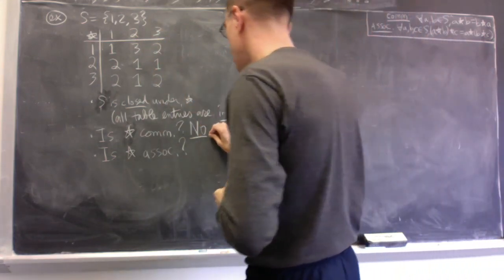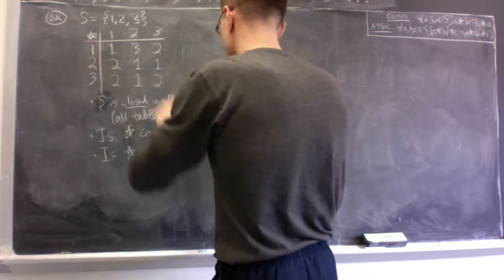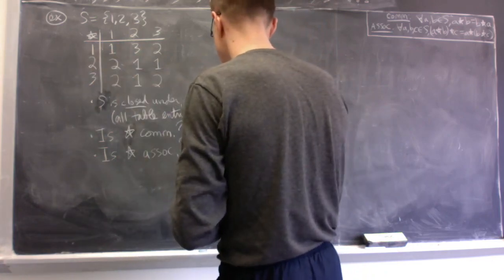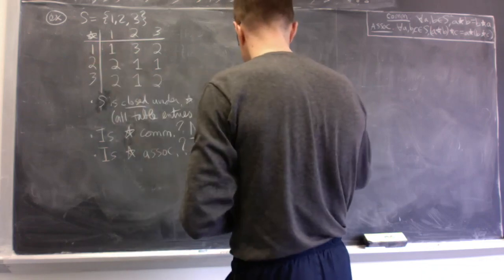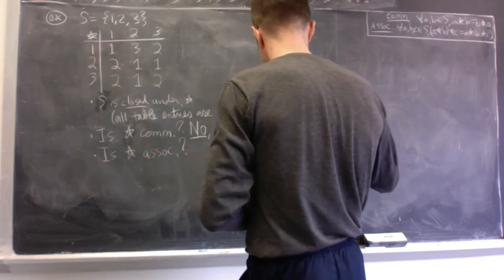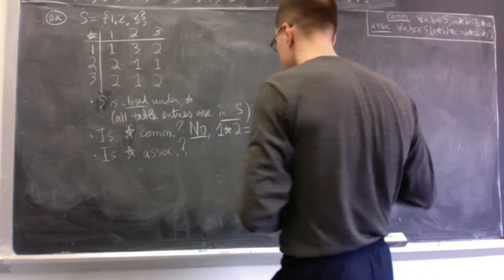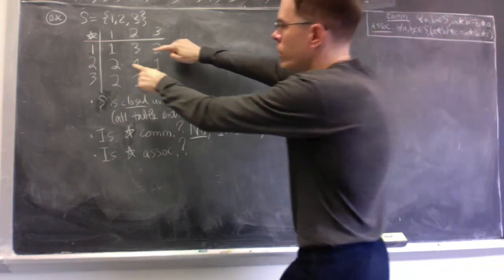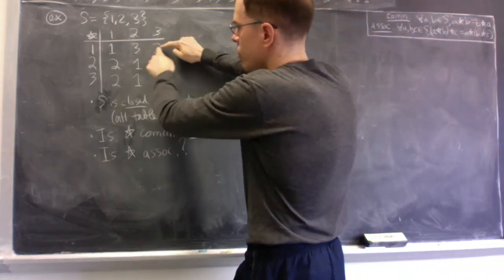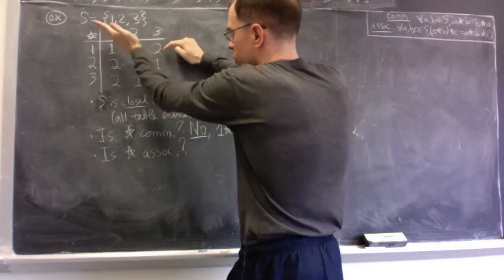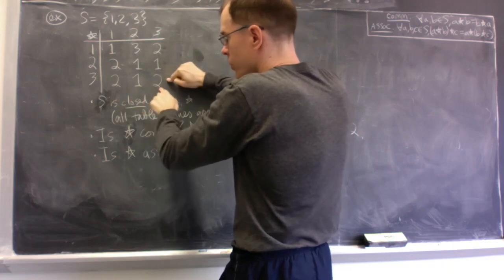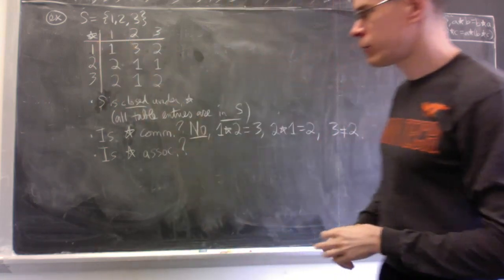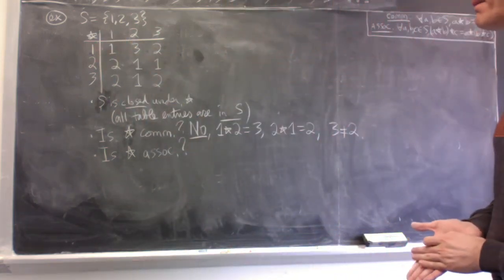First of all, the reason it's no is there's an example. 1 star 2 is 3 from here, but 2 star 1 is 2, and 3 is not equal to 2. And essentially what you're doing is you're checking the mirror images reflecting across this line to make sure they're all equal. Like these work, and these work, and these work. But if there's even one case that doesn't work, it's not commutative.